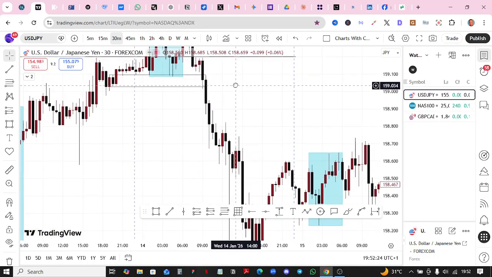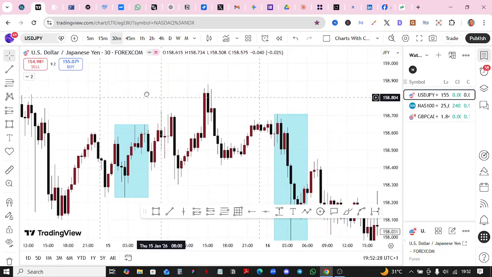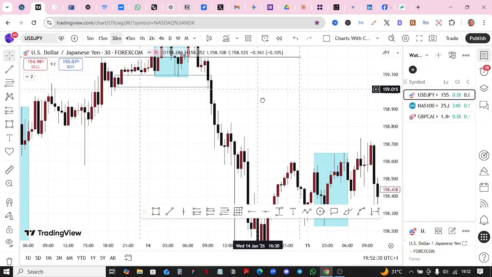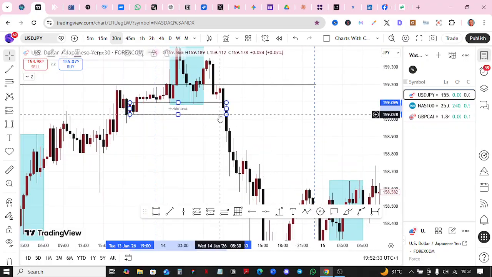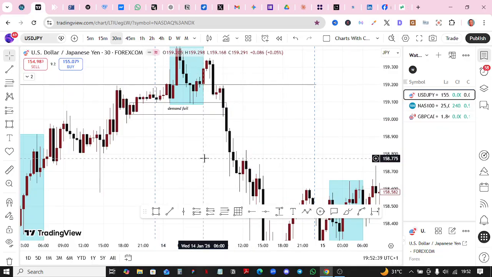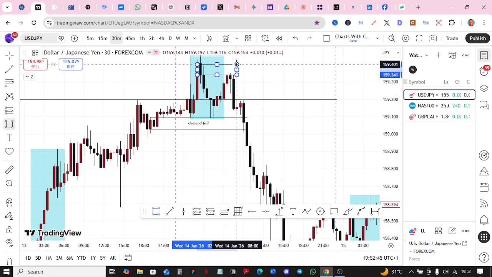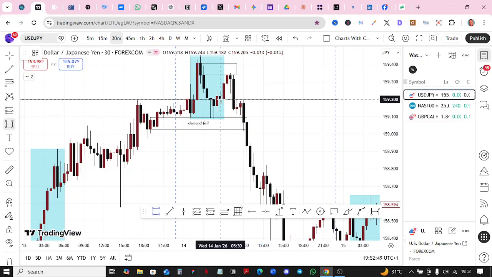So where will you be expecting a sell to continue the sell from? This is where we had the demand fail. So we want to get an entry, right? But if you look at this, we cannot take these, as they have already been mitigated. This zone has been mitigated as well.